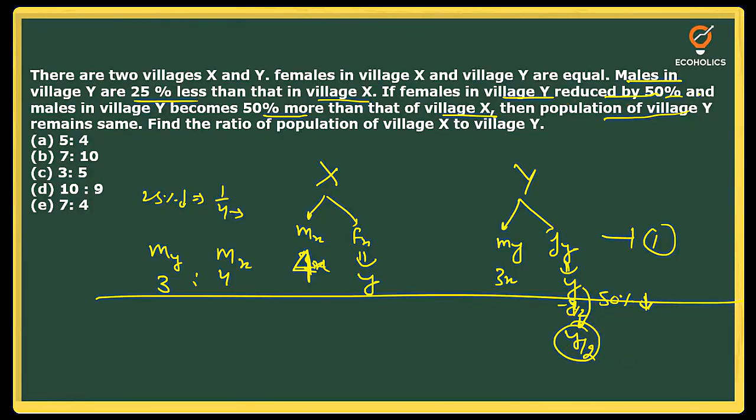So now y by 2 is left. And males in village Y become 50% more than that of village X. 50% more than this. So what will be 50% of this? So 2x. Village Y becomes 50% more than this, na?